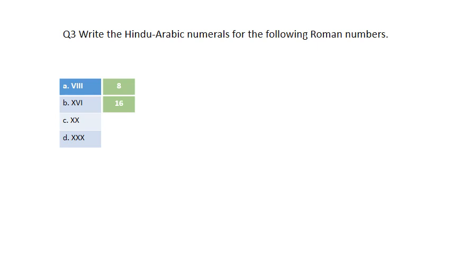X. The value for X is 10. 10 plus 10 becomes 20. So XX in Hindu-Arabic numeral we write down as 20. Come on student, tell me what will be the next answer. X is written 3 times, means 10 plus 10 plus 10 becomes 30.